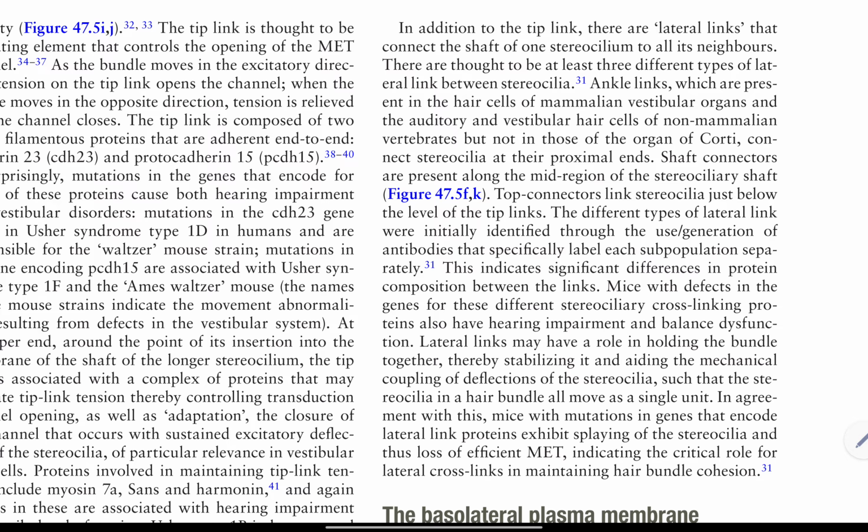In agreement with this, mice with mutations in genes that encode lateral link proteins exhibit splaying of the cilia and thus loss of efficient MET, indicating the critical role for lateral crosslinks in maintaining hair bundle cohesion.